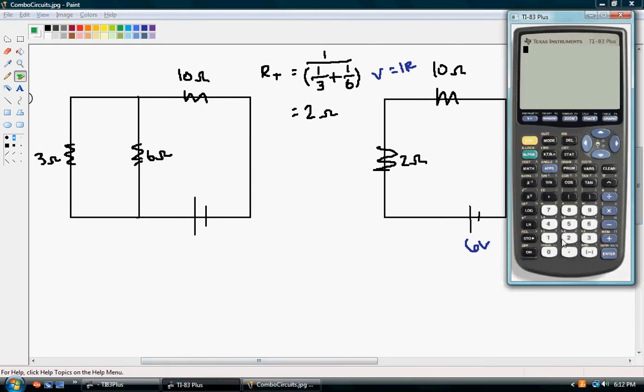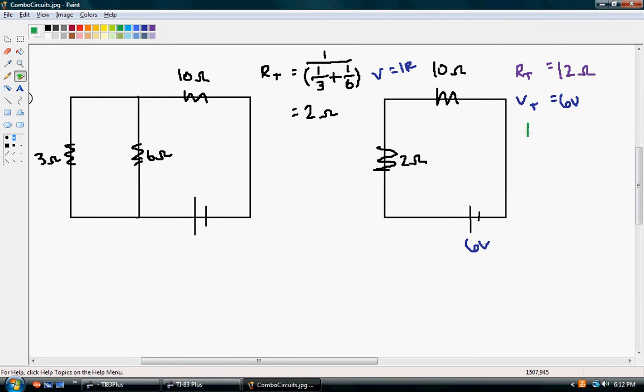So V was 6 and R was 12, which makes our current 0.5 amps. Total current, 0.5 amps.